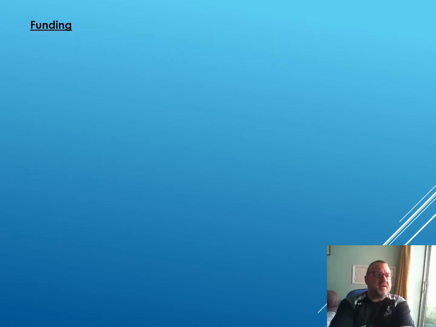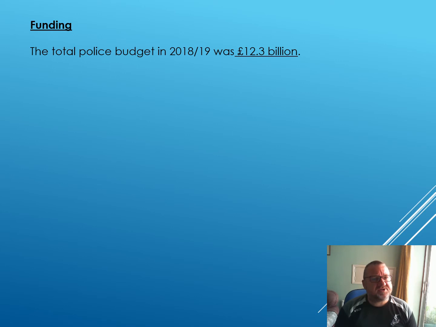Another key thing you need to be aware of is how the police are funded. There's quite often a question in the exam on how police are funded, so you need to know how that breaks down. So in the year 2018 to 19, the total police budget was £12.3 billion. So how was that 12.3 billion made up?